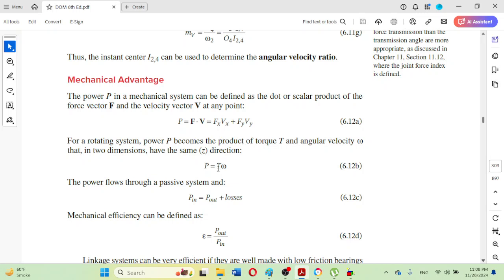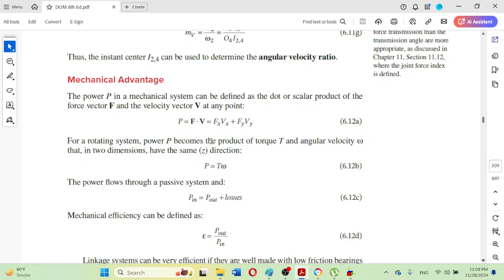So what is the reason that we have not written here that P is like F dot V? As we observed, angular velocity is also a vector quantity and torque T is also a vector quantity, so it could also be written as T dot omega.